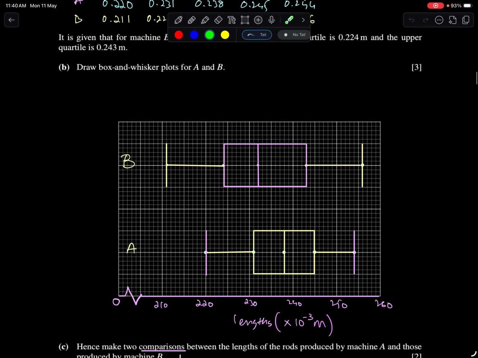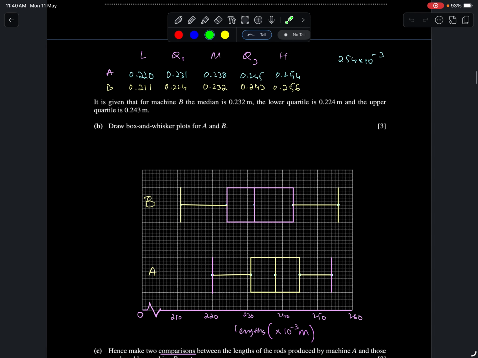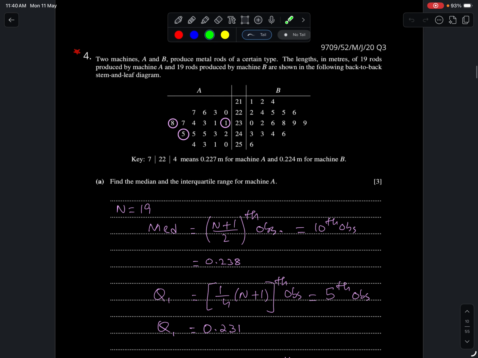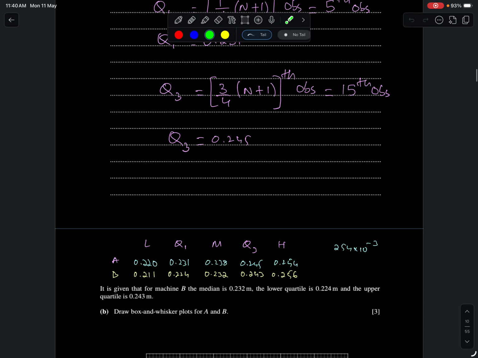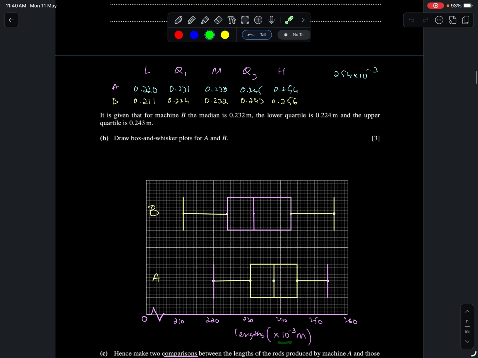Always label this horizontal axis. Take a proper scale and write whatever given over here. The data is length in meters. So write this here. And since 10 power minus 3 is common, then take the proper scale.